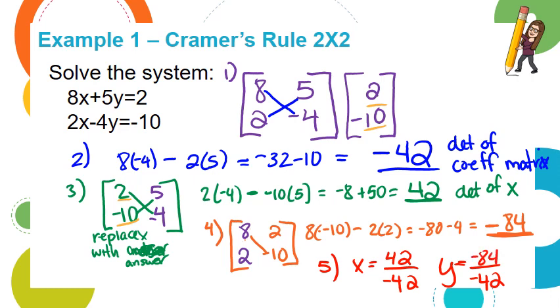If I take a look how nice this worked out, our x value is a negative 1 if I simplify, and my y value is a 2. Pretty straightforward answer. Well, we know that's the case because we could have done this using elimination, right? And you're like, Mrs. Morfett, why are we doing all this extra work? You'll find out, I promise. Right now, I just want you to concentrate on this process.